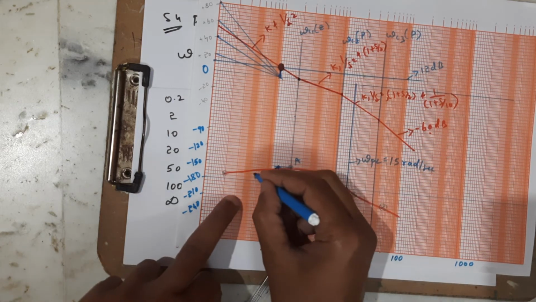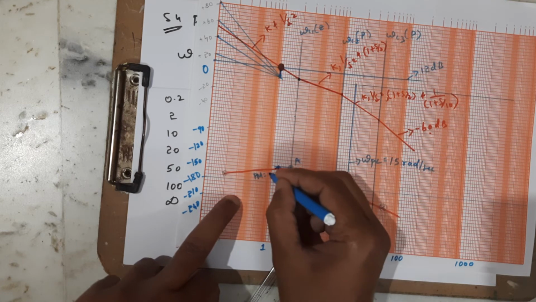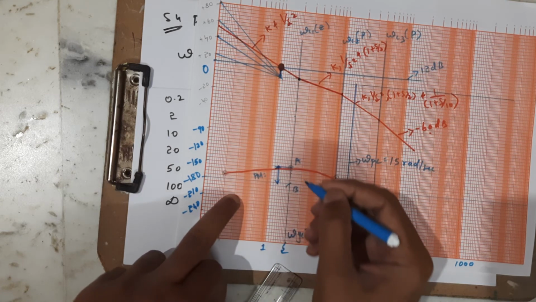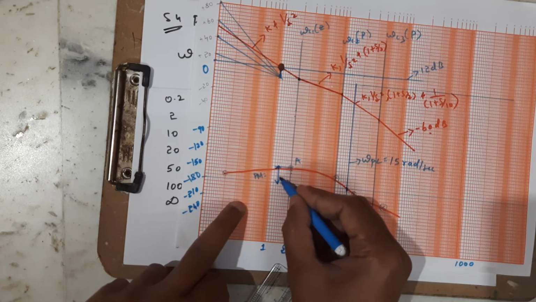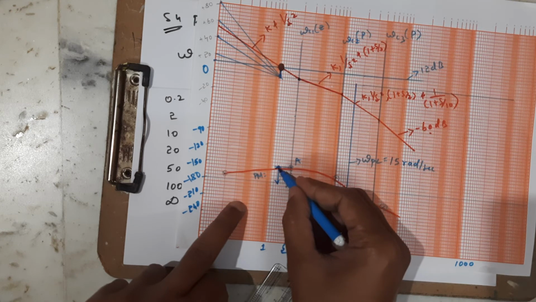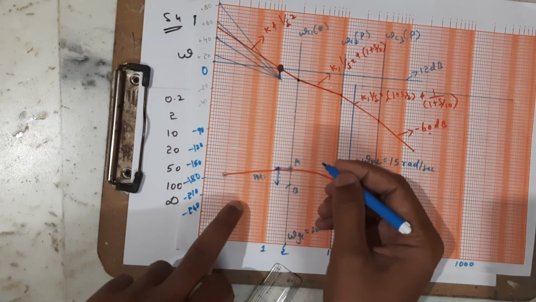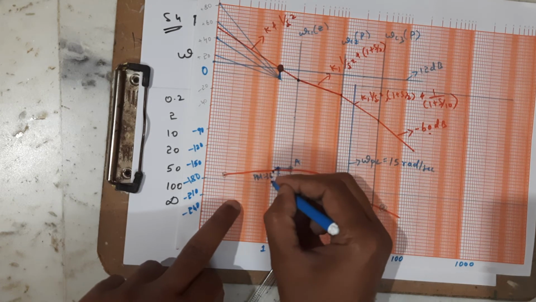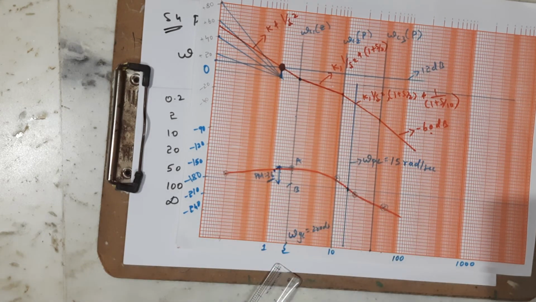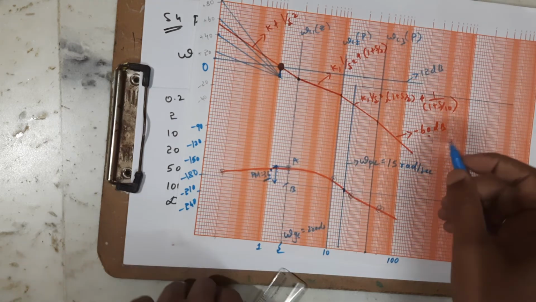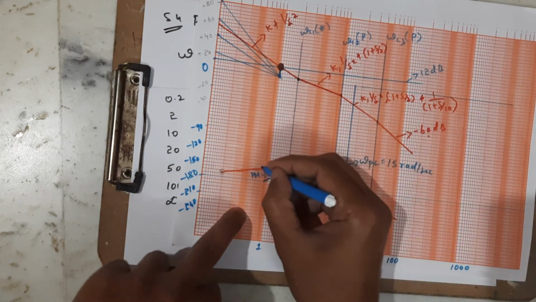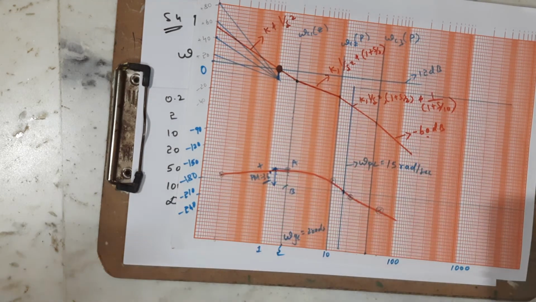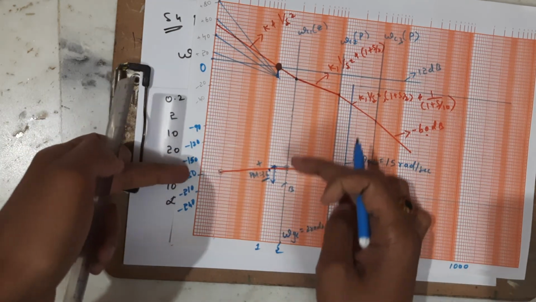Approximate phase margin is 36 degrees. This is plus 36 degrees because I am measuring it upwards.